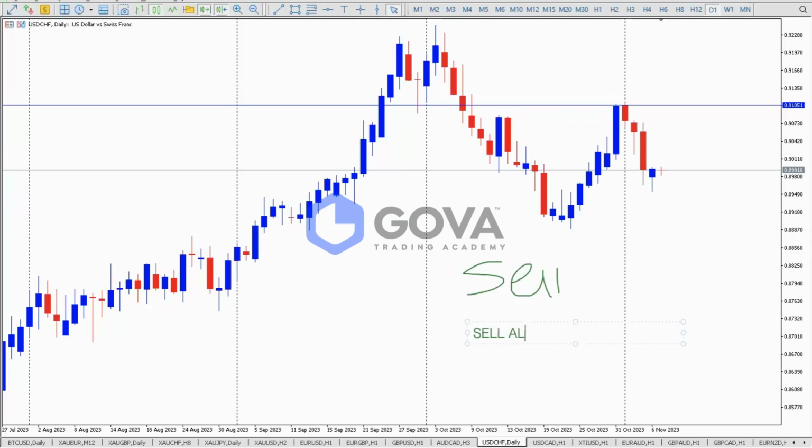In a sell alignment, are you going to be looking at a bullish candle on the D1 time frame, or are you going to be looking at a bearish candle on the D1 time frame? No, it doesn't make sense if you have a sell alignment and you are looking at a bullish candle.